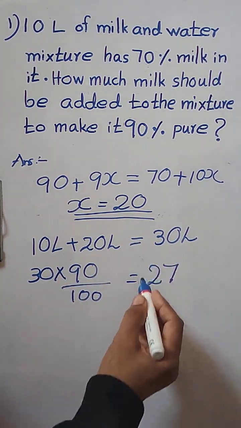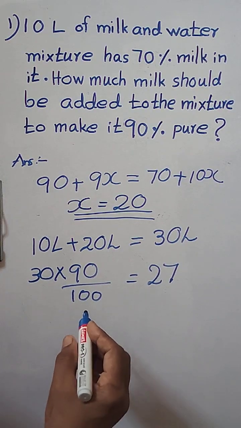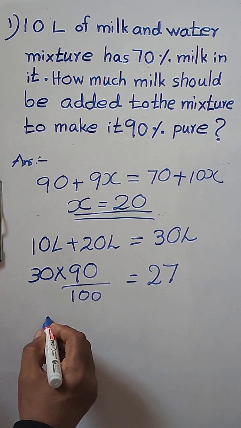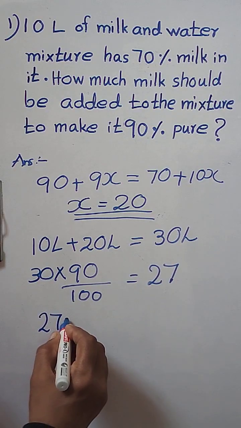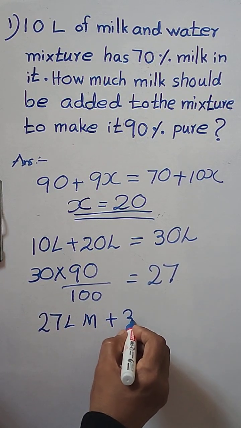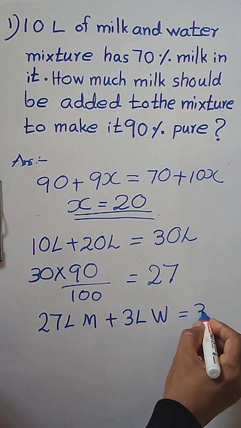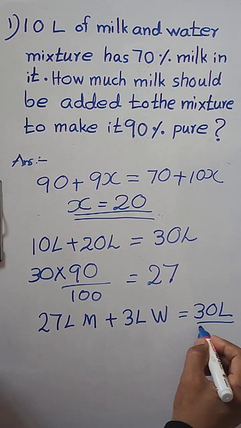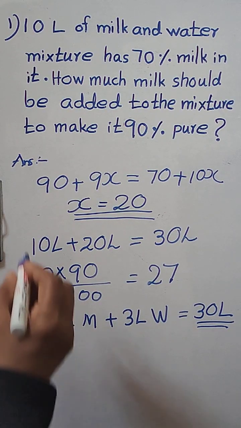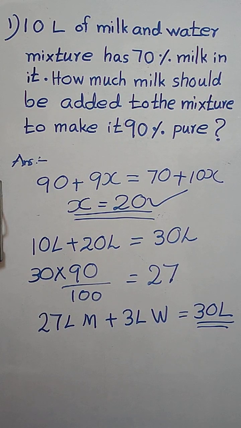Now the remaining, 27 plus 3, 3 liter will be the amount of water. 27 liter milk and 3 liter water. Total 30 liter is the total amount. Here the answer is this one. Let us move to another question.